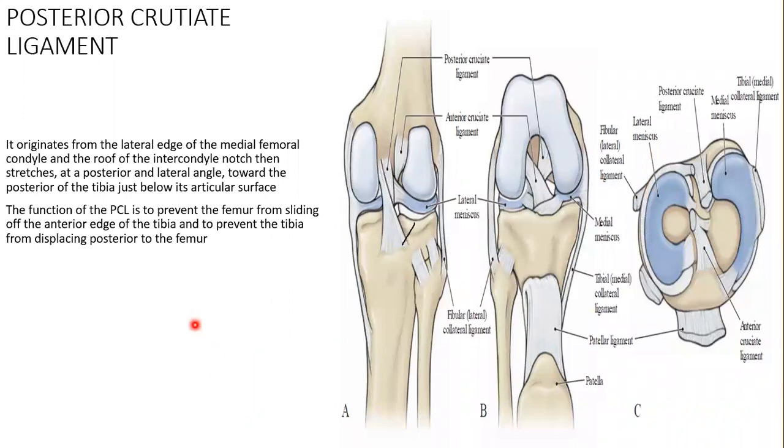Let me talk about the posterior cruciate ligament. This ligament originates from the lateral edge of the medial condyle of the femur.